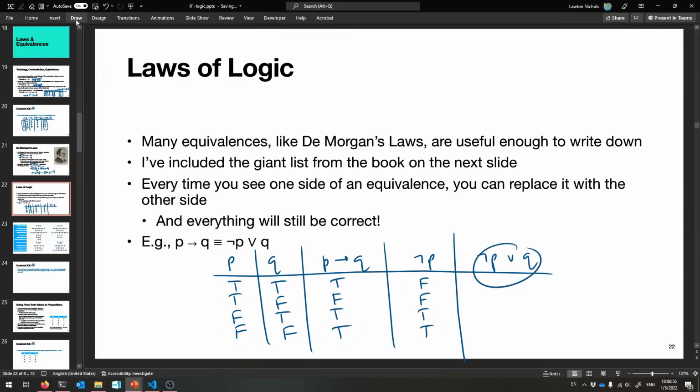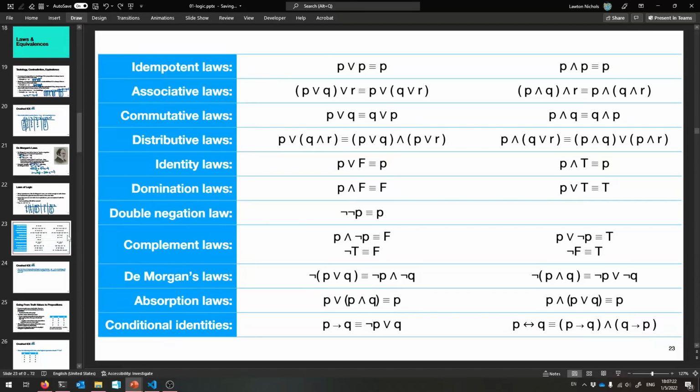And then we're going to OR this with this, so true or false is true, false or false is false, true or true, and then false or true. And oh man, are they the same? Yay. So they are equivalent, and that's a useful thing to do to get rid of the implication so that then maybe you can use a De Morgan's law or something. It's quite nice. These are very, very important laws to know.